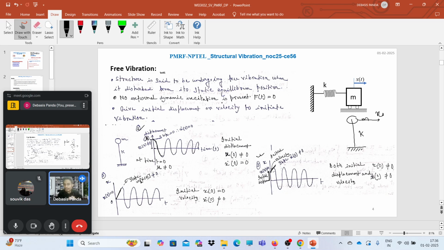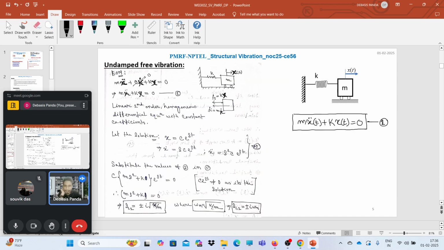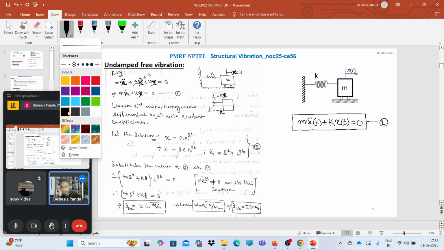In free vibration, there can be damping present, or damping not present. So the first case we will see is where the damping is 0. That means the system is free from the damping phenomenon. Damping, we already discussed a little bit, the viscous damping.